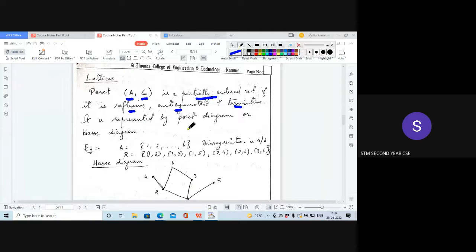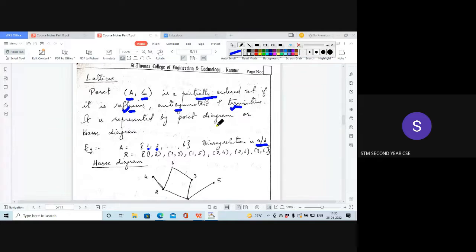So the Hasse diagram for the particular set A equal to 1 to 6 under the relation a divides b is shown below. That is, you have a relation on the set A such that each element divides the next element. So we get a set of ordered pairs, and from the set of ordered pairs, in order to draw the Hasse diagram, we eliminate those ordered pairs that satisfy the reflexive property and also those that satisfy the transitive property.